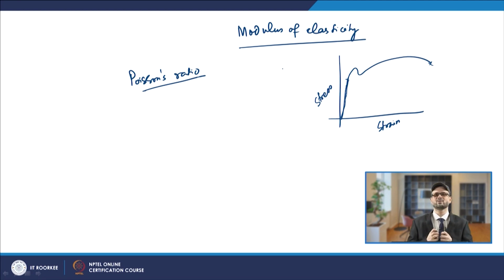When you are straining the material, you will have a change in length, and there will be strain also in the lateral direction. So, that will be negative. So, the Poisson's ratio is defined as minus of lateral strain to longitudinal strain.